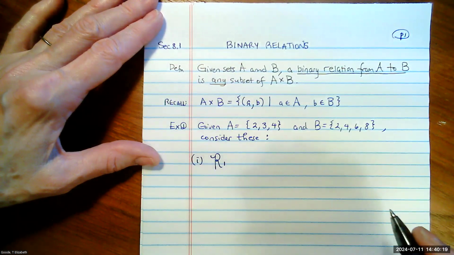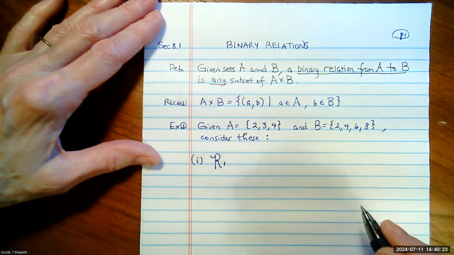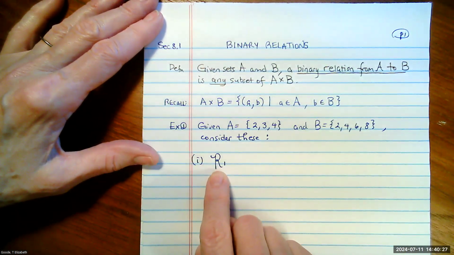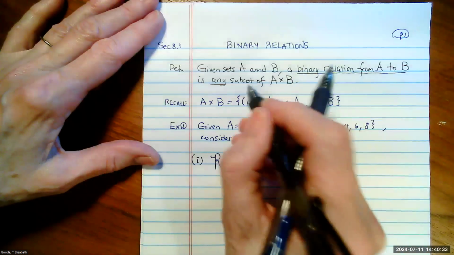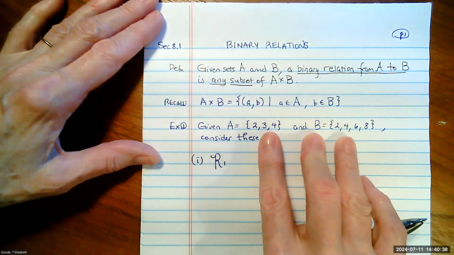We often use curly capital letters for binary relations, or relations in general. Curly R for relation, and it's a capital letter because these are sets. These are subsets. It's any subset of A cross B, okay? So ordered pairs from A cross B.